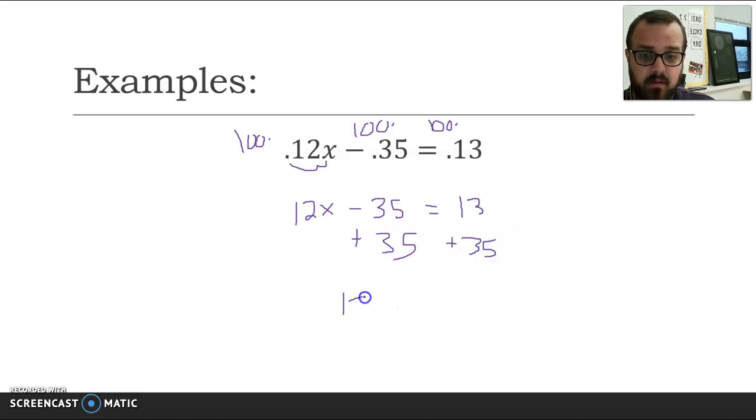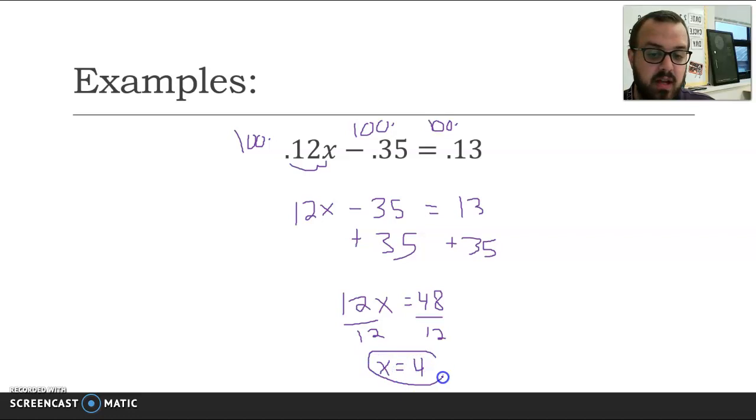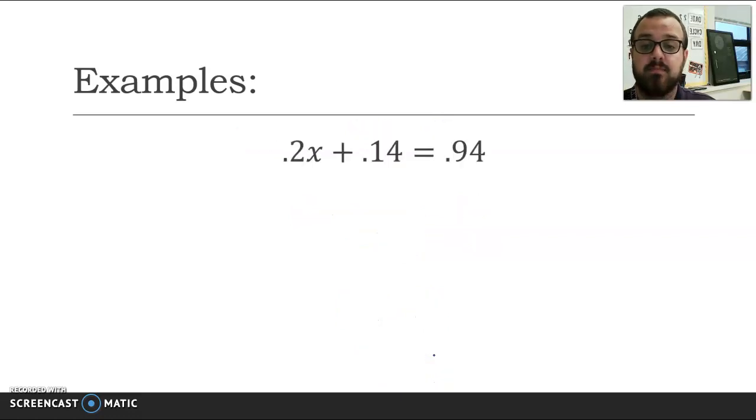And I'm going to get 12x equals 48. Divide by 12, and I'll get that x equals 4. Again, once I clear out that decimal, pretty much the rest of the problem's just like a normal old equation to solve.